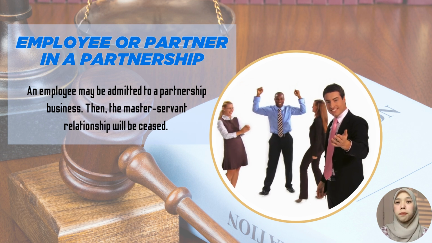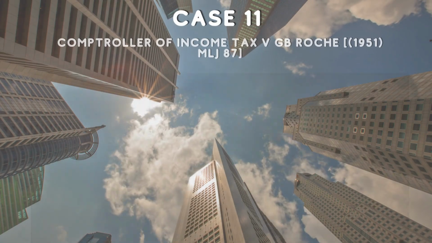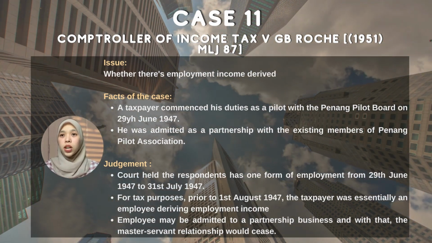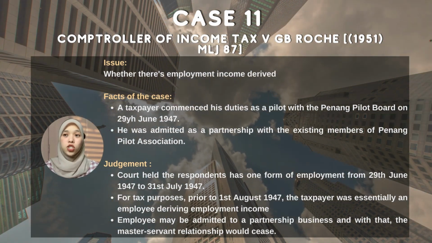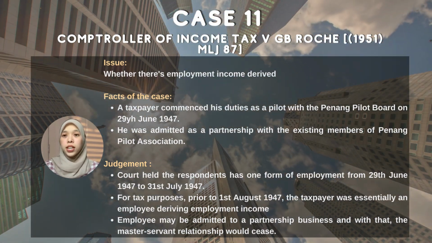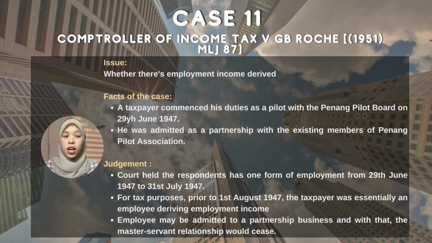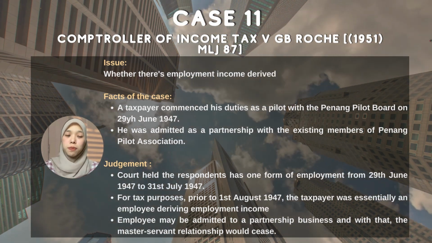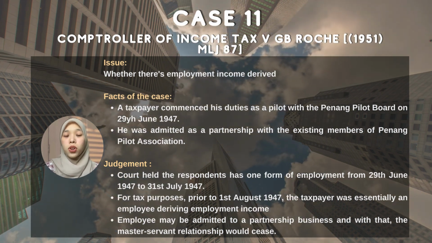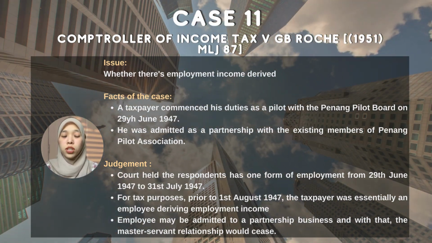Okay, now we will talk about employee or partner. For the case, we can refer to Comptroller of Income Tax versus GB Roche 1951. The issue is whether there is employment income derived. In this case, a taxpayer commenced his duty as a pilot with Penang Pilot Board on 29 June 1947.